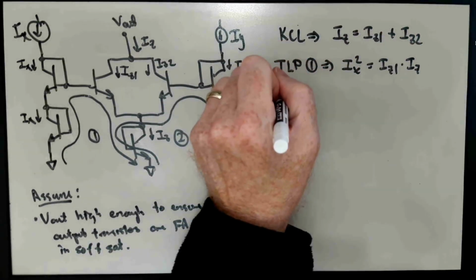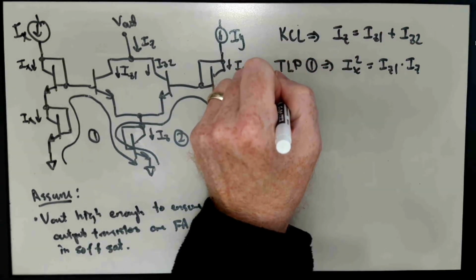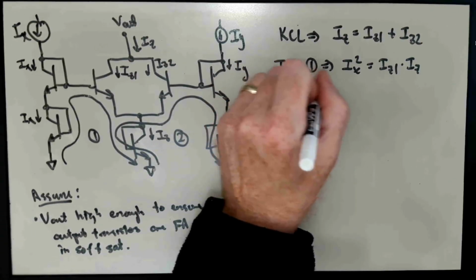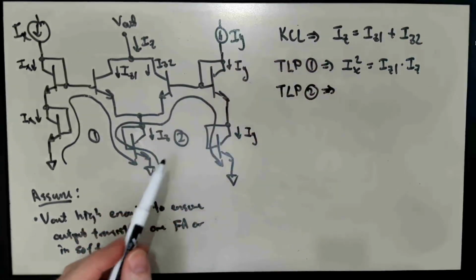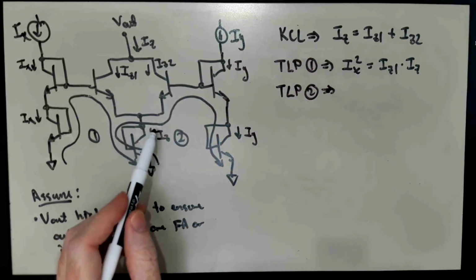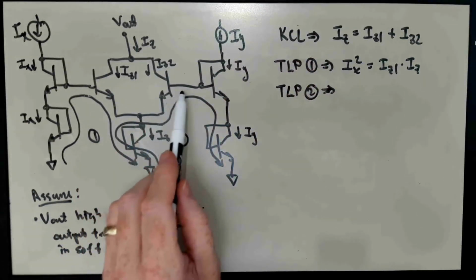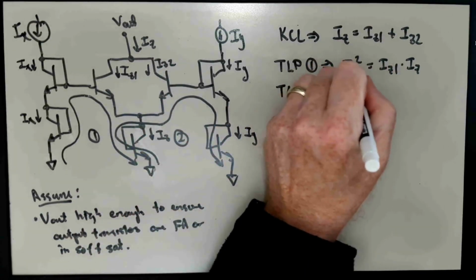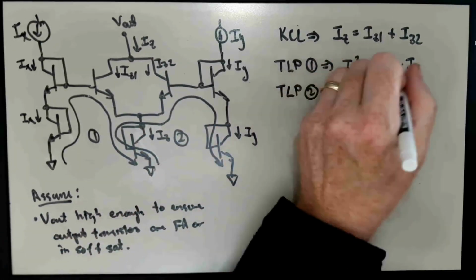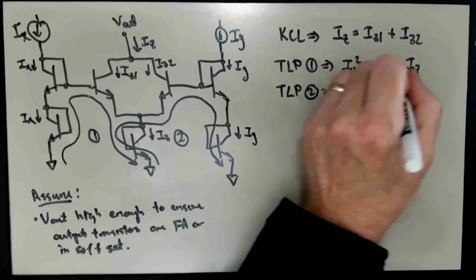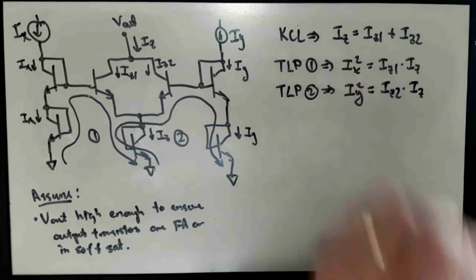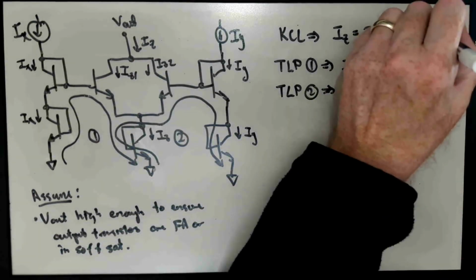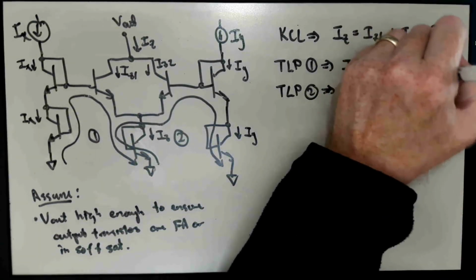And we know from the second translinear principle equation that IZ times IZ2 is equal to IY times IY, or IY squared is equal to IZ2 times IZ. So let's call this equation 1, equation 2, and equation 3.